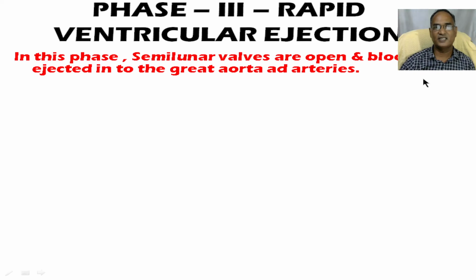And in phase 3, the semilunar valve opens and blood is ejected into the great arteries. In the second phase, the AV valve was also closed and the semilunar valve was already closed.